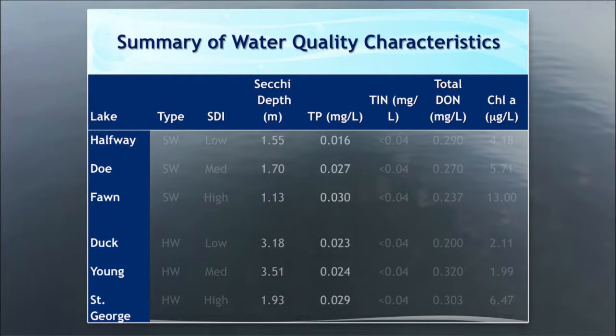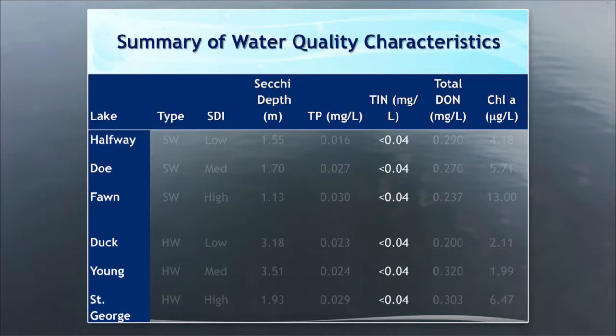Now, when it comes to phosphorus, there really wasn't much of a difference between either group of lakes, which was very interesting to us, based on what I just talked about with our expectations on the differences between hard water and soft water. Inorganic nitrogen was non-detectable, so this means that these lakes are potentially nitrogen limited.